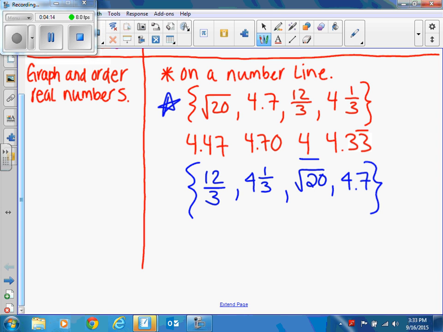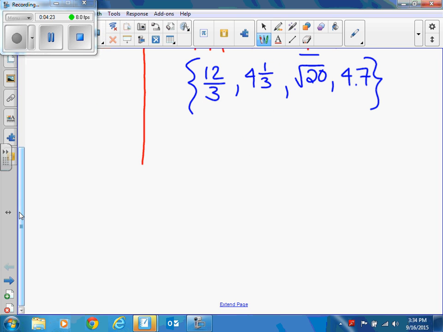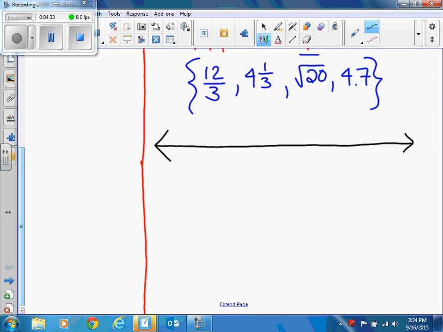Now that we have the set, we put them all into decimal form, and we've ordered them from least to greatest, we can put them on a number line. This, again, should be a review for you. You should be familiar with ordering numbers and putting them on a number line. So first I'm going to draw my number line. Since all of my numbers are between 4 and 5, I'm going to put my 4 down here, and I'm going to put my 5 over here.